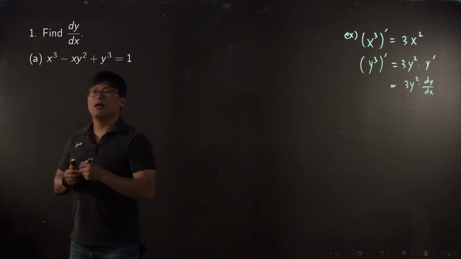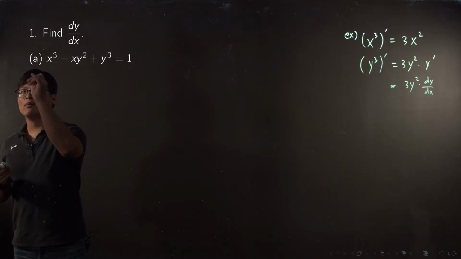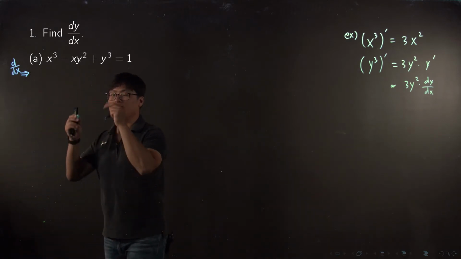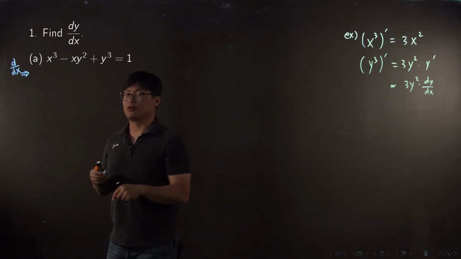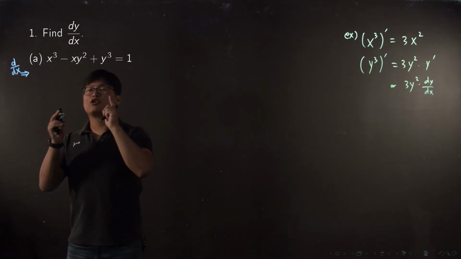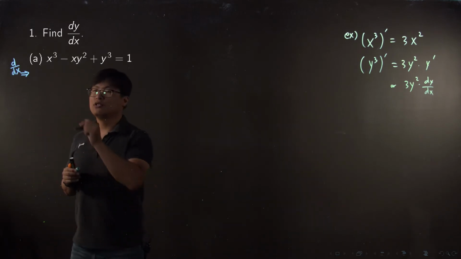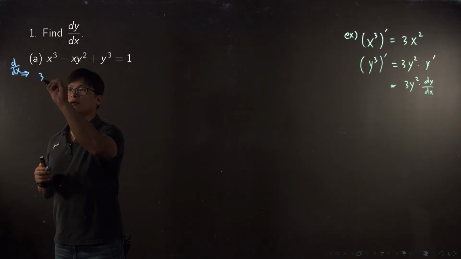Here we go. We're going to take the derivative with respect to x. As I told you, this notation means we're going to take the derivative with respect to x. So x cubed: x is the independent variable, so we can do just a simple derivative.